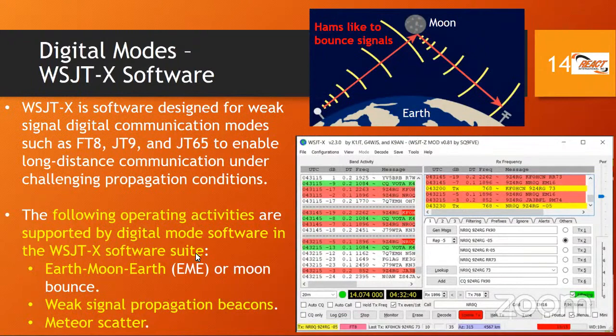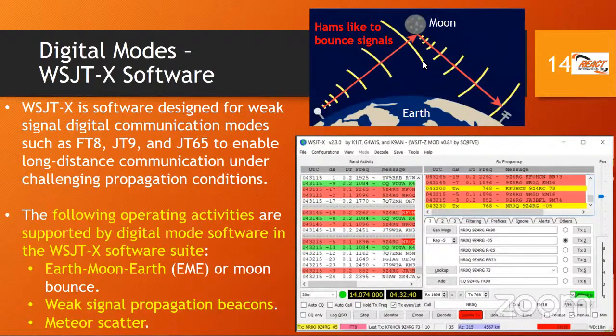But for the exam, we need to learn about the software itself, what we can do with it. So we say that the following operating activities are supported by digital mode software in the WSJTX software suite. There are three that we need to learn, and the answer will, of course, be all of the above, right? So you can use this WSJTX software to do what is called moonbounce.